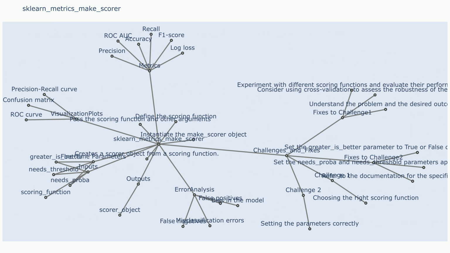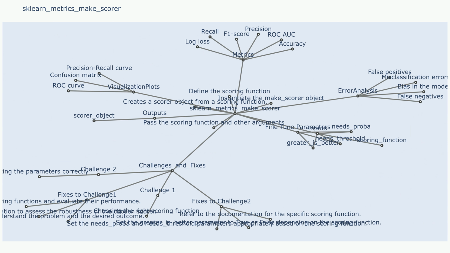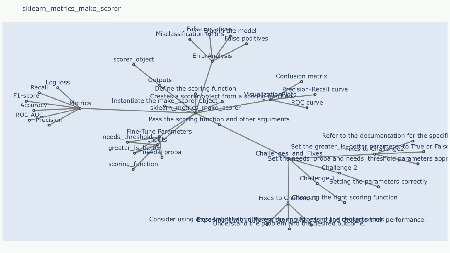Metrics: the make_scorer function itself does not directly calculate a specific metric. It serves as a tool to create custom scoring functions based on user-defined metrics. You can use make_scorer to create scorers for various metrics like accuracy, precision, recall, F1 score, AUC, log loss, etc.